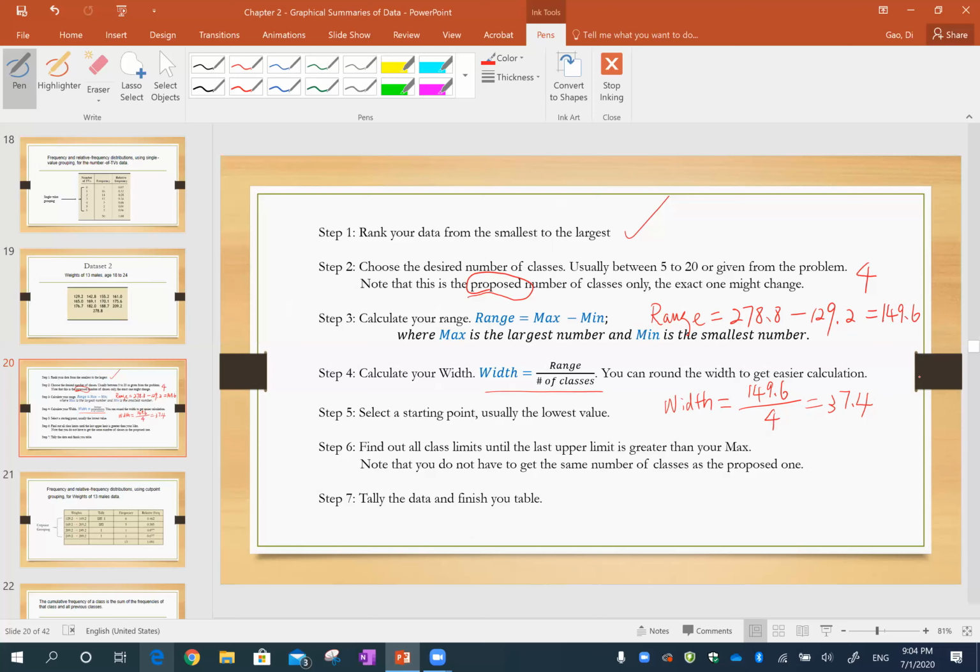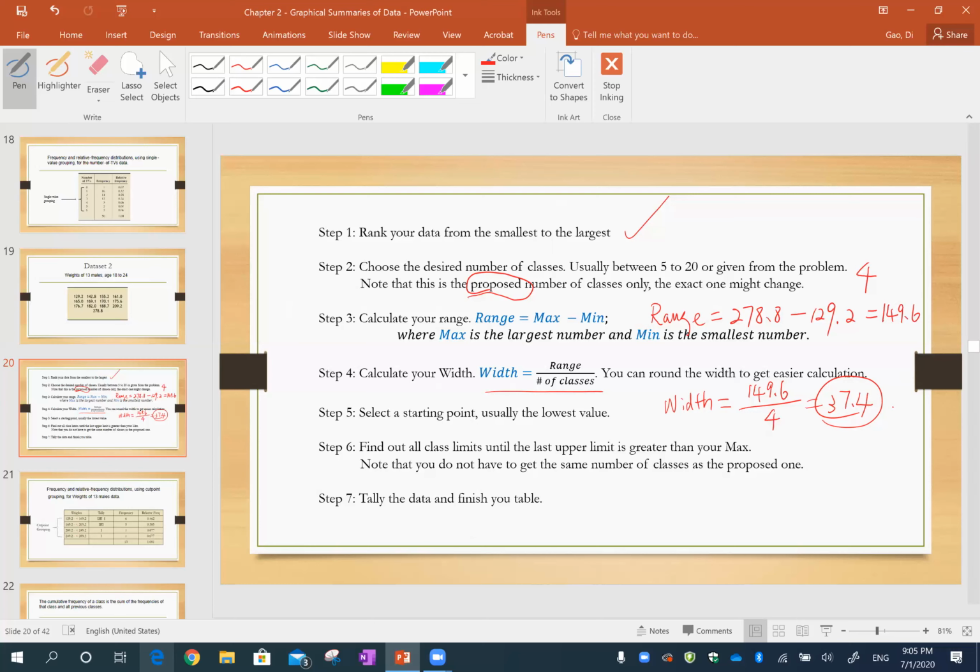Now we start from the width to find out what kind of classes we have. With 37.4, for example, if the first class starting number is 10, then the upper limit for this class is going to be 47.4. And then the next one is going to be 47.4 plus the same width, 37.4, which makes the calculation a little complicated.